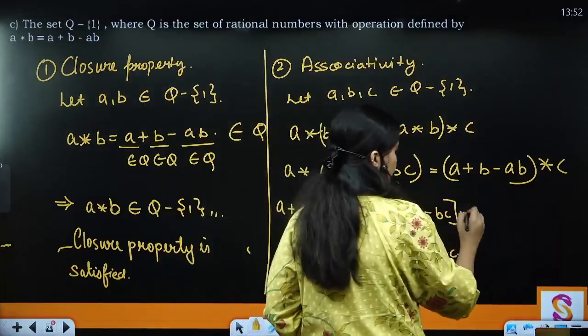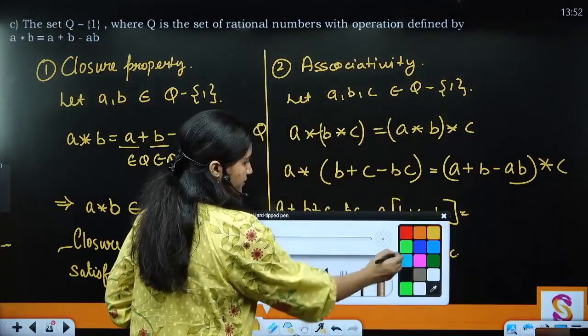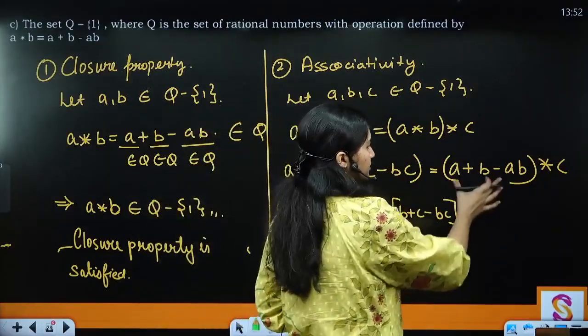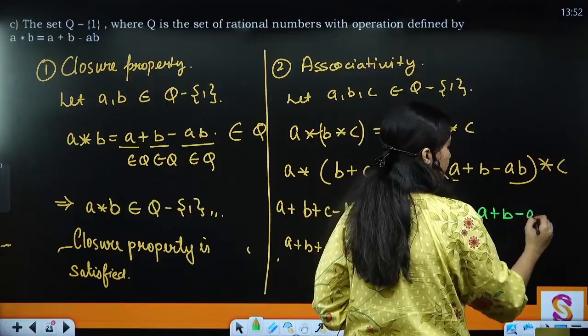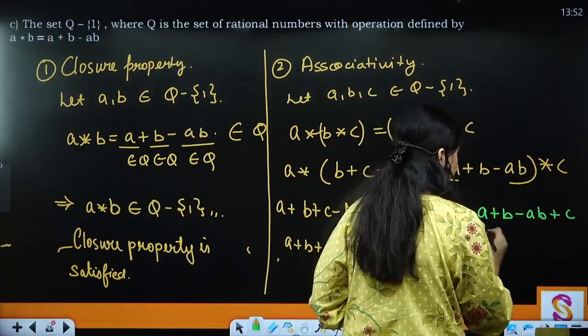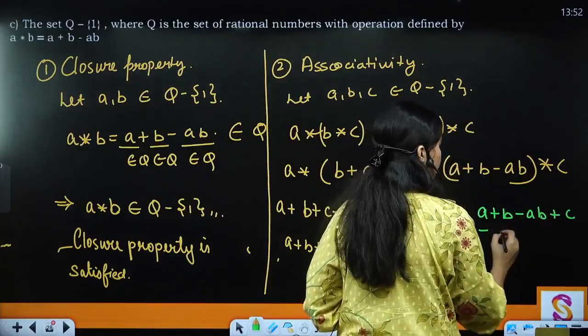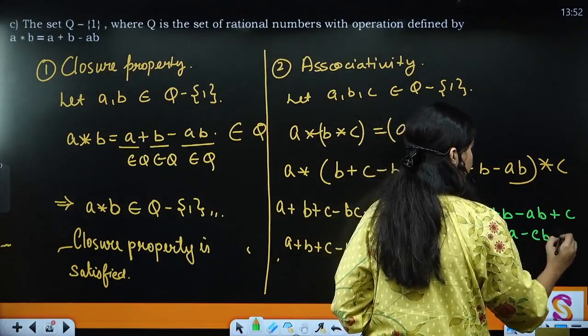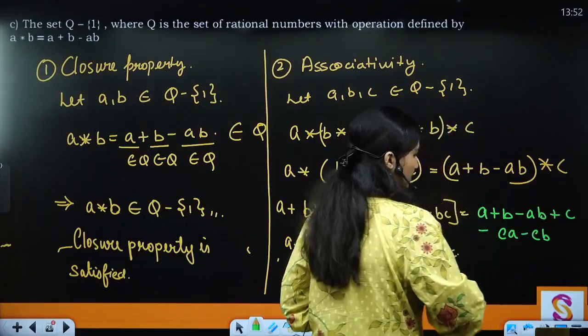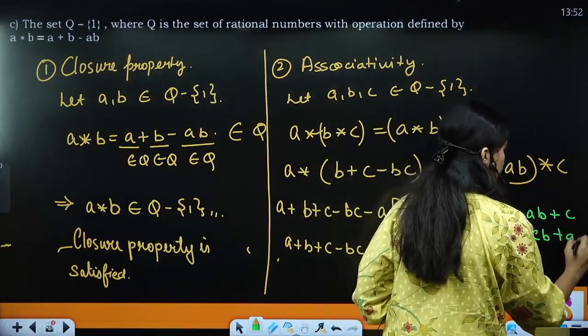Now I'll take a different color pen so it is more visible. Okay, this is going to be A plus B minus AB plus C minus the product of these, so this is going to be CA minus CB plus ABC.